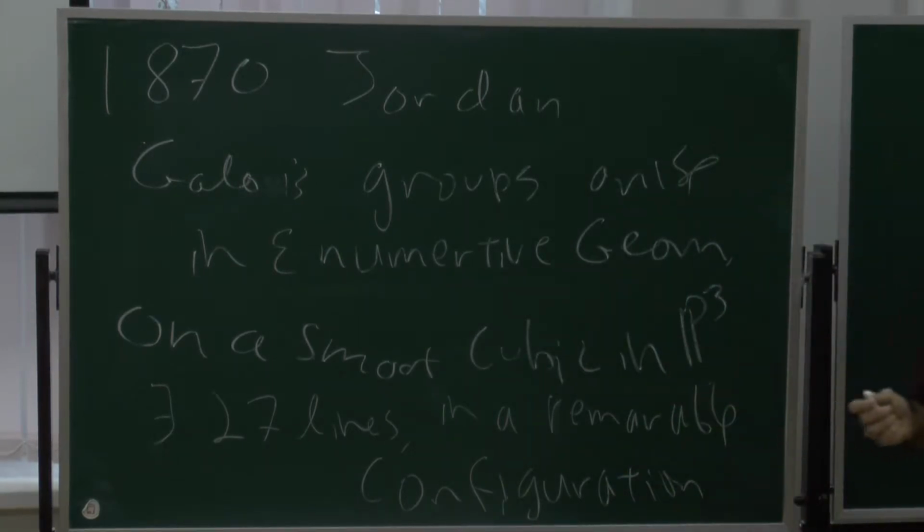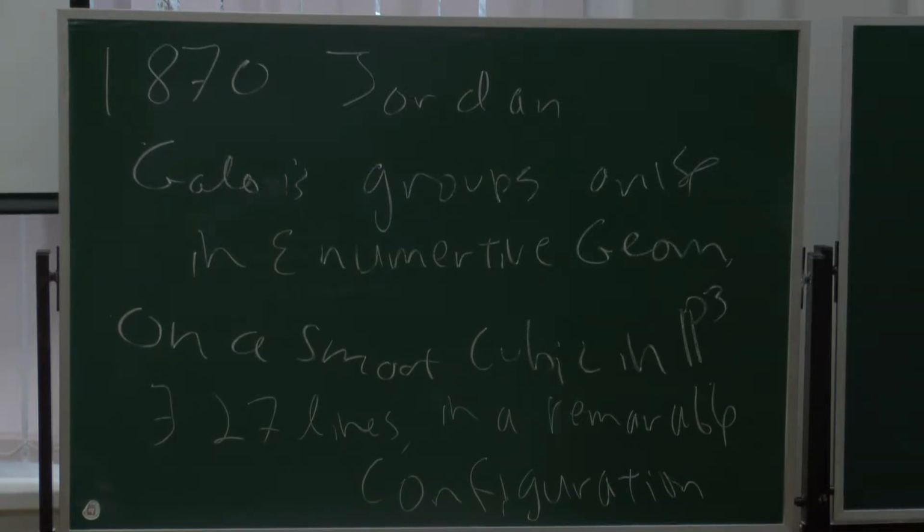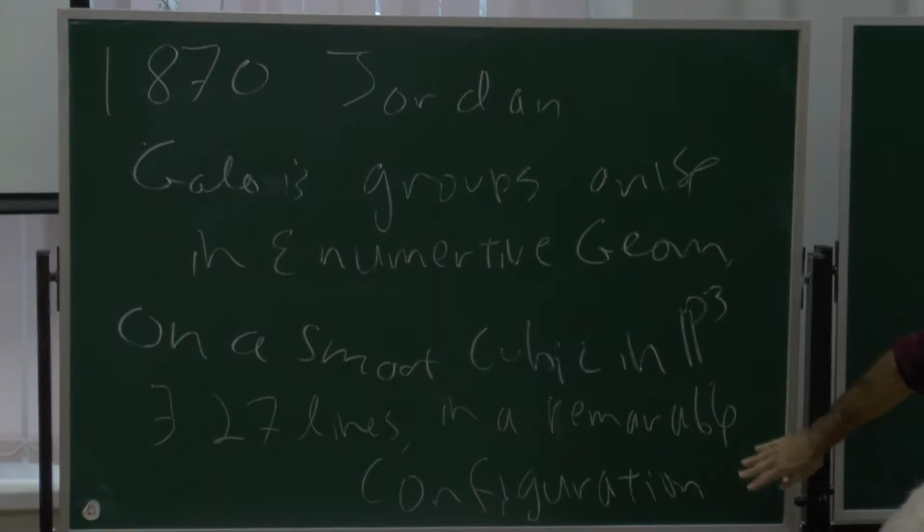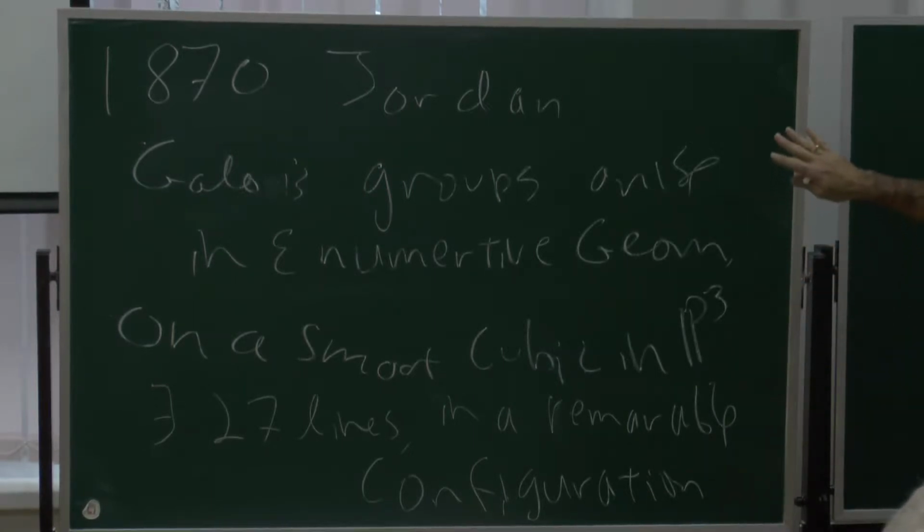I'm not going to detail it, but some of the lines meet, some of them are disjoint. The numbers of pairs and triples that meet or are disjoint is quite special. It has a number of names, but because of this configuration, what Jordan realized.